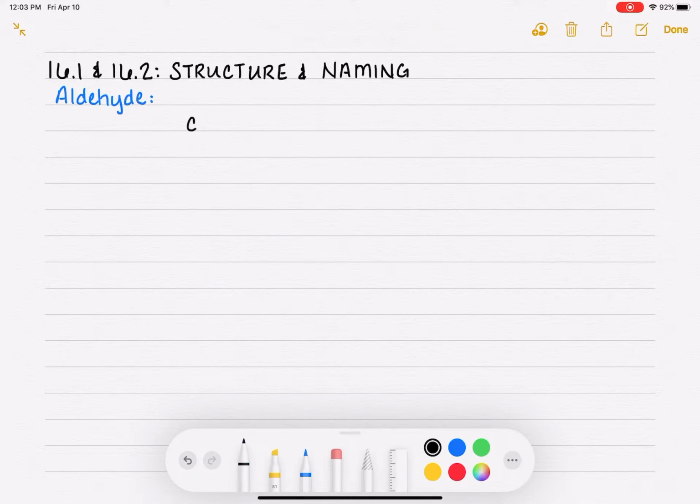An aldehyde has a carbon-oxygen double bond, and on the carbon, one of the things attached to it is a hydrogen, and then there's going to be something else attached to the carbon as well, which we're going to abbreviate with an R. Whatever that R group is, it could be a hydrogen, or it could be a carbon chain, or just a single carbon. So that's the aldehyde. And then let's draw over here the ketone.